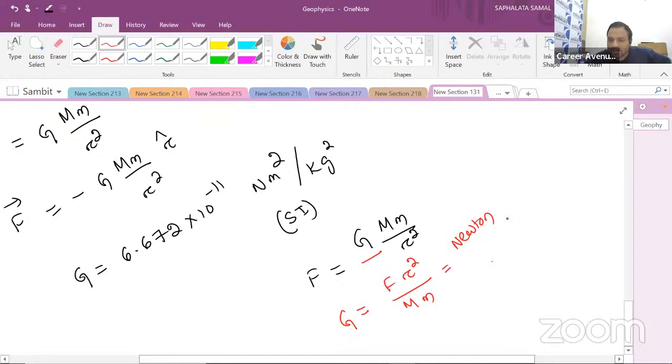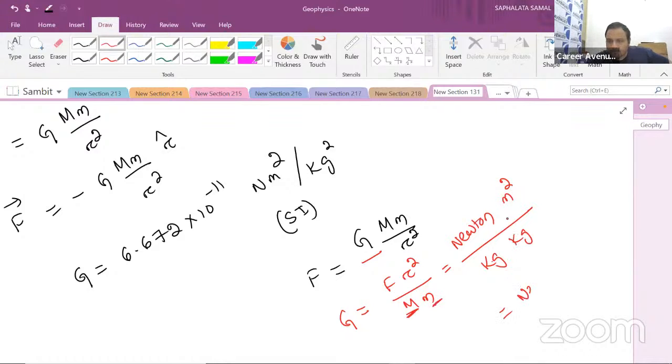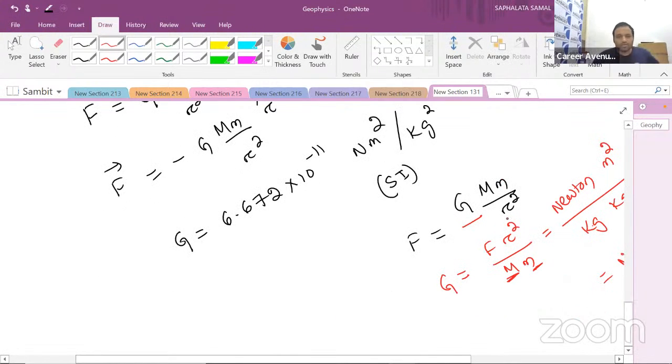The unit of r? Meter, so meter square, divided by the unit of mass, kg, one kg for this one and kg for this one. So kg into kg. The unit of G will be Newton meter square per kg square in the SI unit.